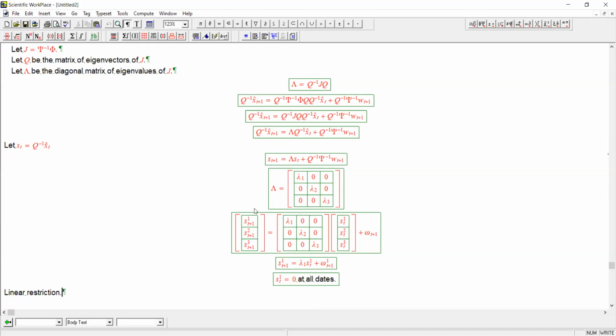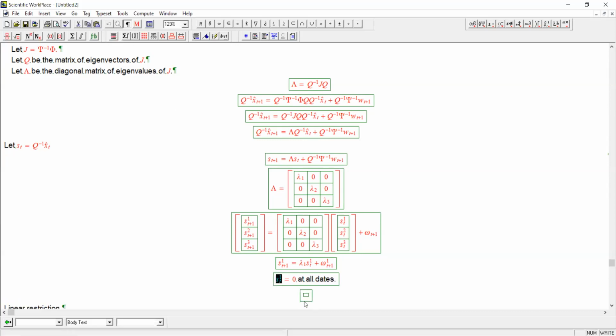Well, remember, S is a function of capital, labor, and productivity, or rather it's a function of their deviations from the steady state. What function? Well, if this is S1 that we're talking about, it's just the first row of the inverse of Q.